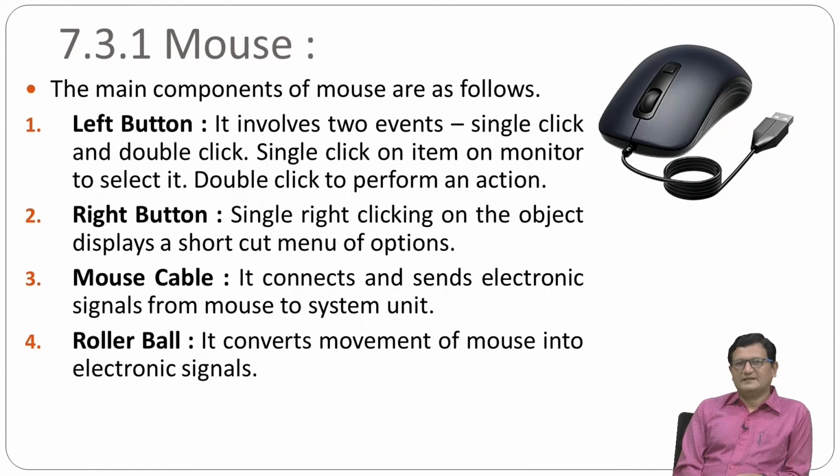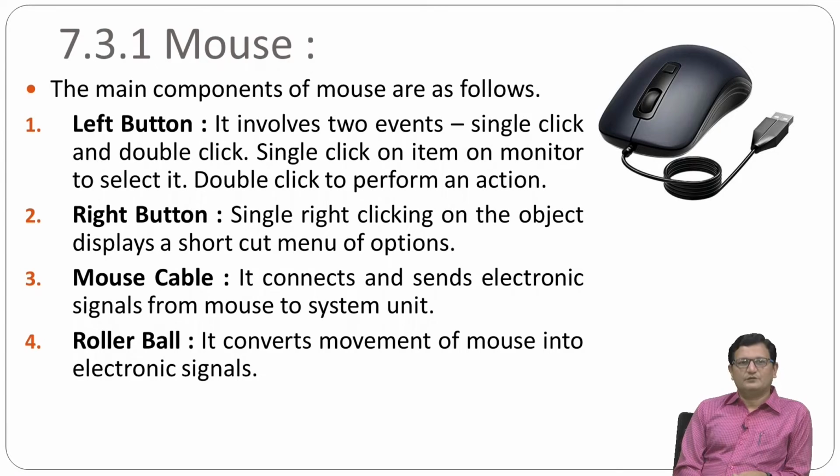The command can be given in 2 different ways. If you have a file on the desktop and want to select it, you just single click. But if you want to open that file, you need to double click. So the left button can be used for single click and double click.